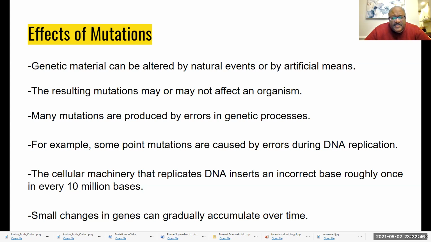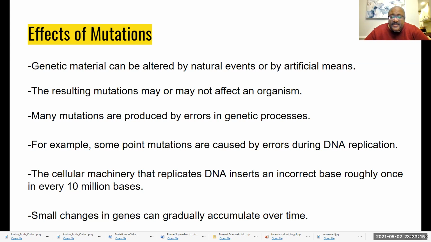And some important mutations are caused by errors during DNA replication. The replication we've laid out for you is like a perfect world, but it doesn't always happen perfectly like that. But there are ways that it gets corrected, or it doesn't cause a great effect most of the time.